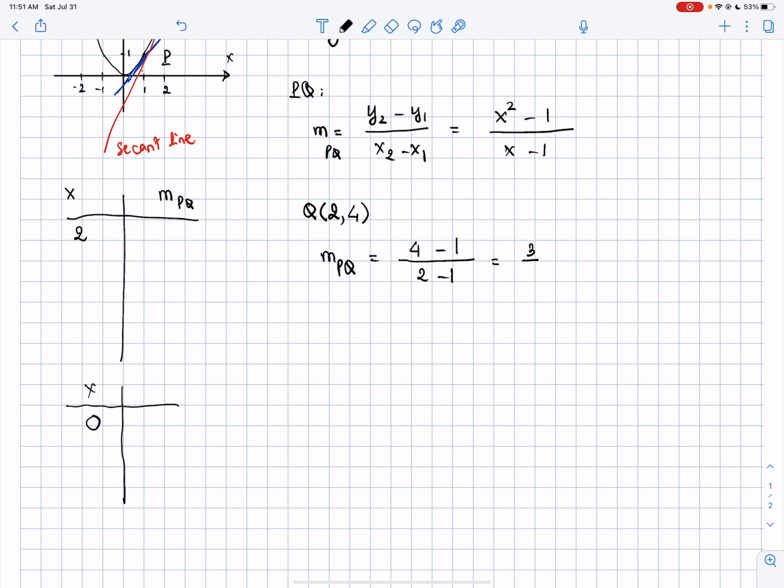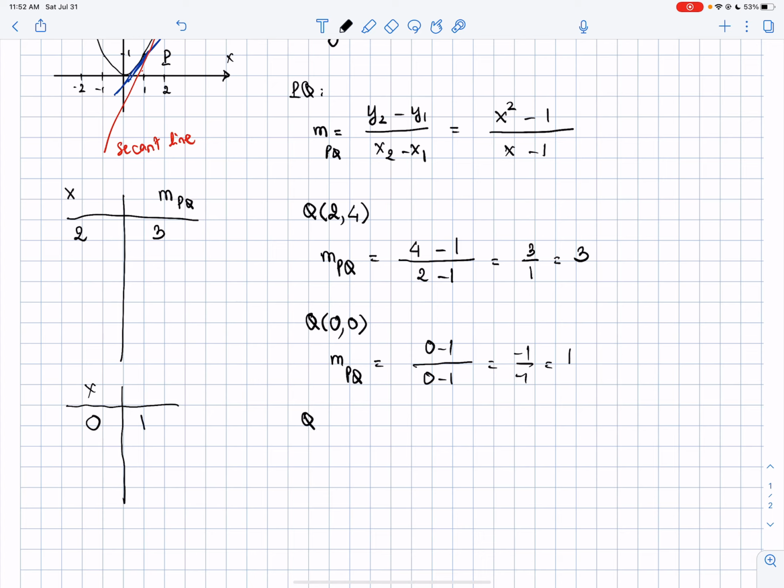Then we get 3 over 1, which is 3. What if the point Q is 0? Then the y part is 0. Then the slope of the secant line is 0 minus 1 over 0 minus 1. So we get the answer is 1.